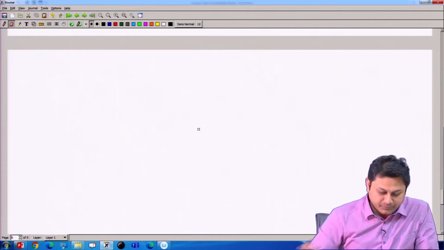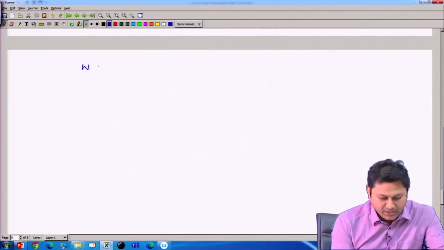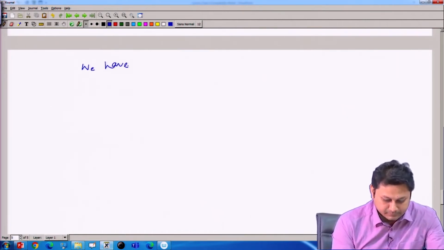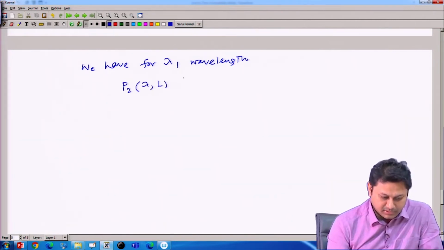For the lambda 1 wavelength, P2 at lambda 1 at some distance L is equal to P0 sin square of kappa 1 L, which should be 0.